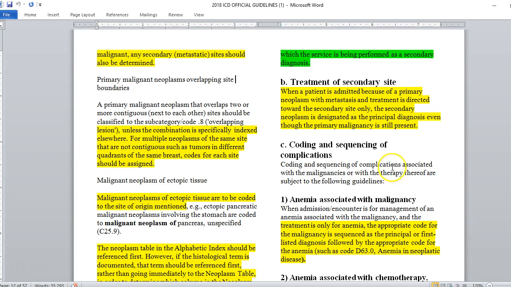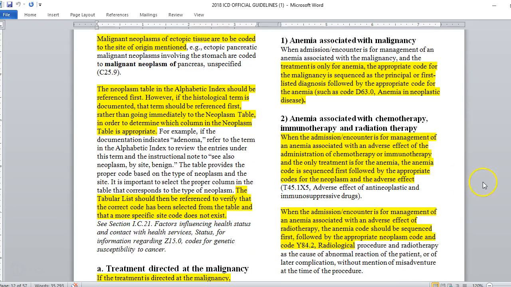So as we look at number one, anemia associated with the malignancy. When the encounter is for management of anemia associated with the malignancy and the treatment is only for the anemia, the appropriate code for the malignancy is sequenced as the principal or first listed diagnosis, followed by the appropriate code for the anemia, such as D63.0, anemia in neoplastic disease.